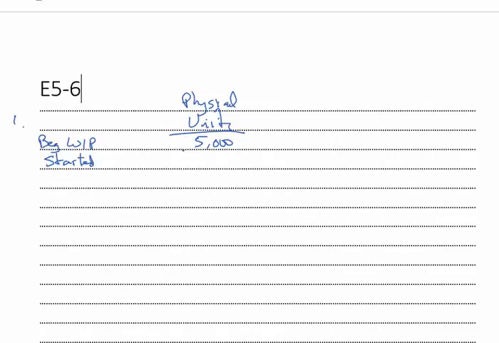Units started, 45,000. So completed and transferred out, 42,000, which means ending work in process has to be 8,000.